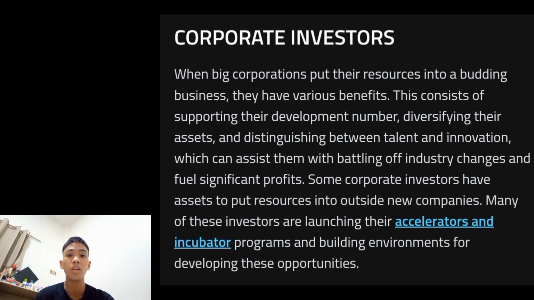Some corporate investors have assets to put resources into outside new companies. Many of these investors are launching their own accelerator and incubator programs and building environments for developing these opportunities.